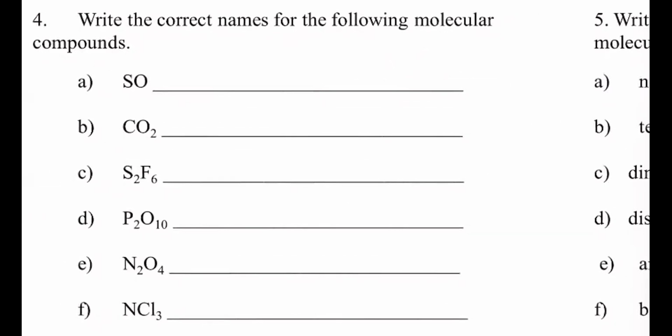So I'm going to do at least the first 2, and then we're going to go through the other examples. In the first one, SO. S, the name of that element is sulfur.